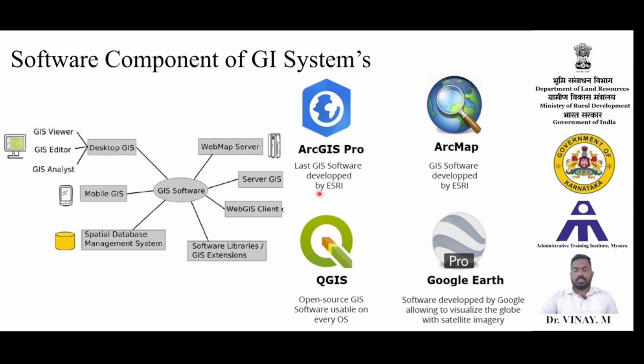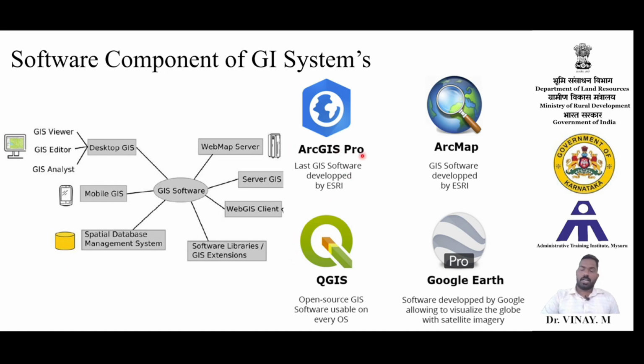And if there are financial constraints regarding the purchase of software, then we can go with the software called QGIS. Earlier we called it Quantum GIS. This is open source, anyone can use it, and QGIS is available on all platforms like Windows, Linux, and even Mac.